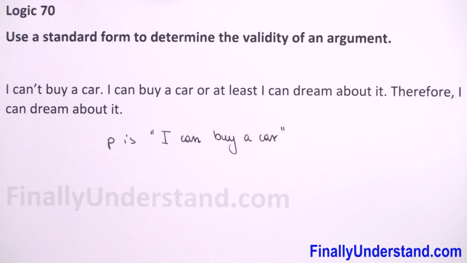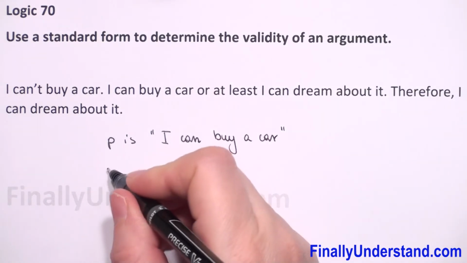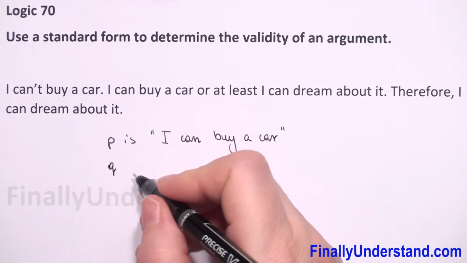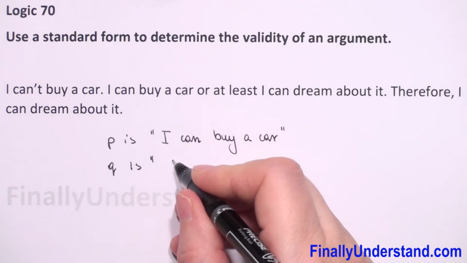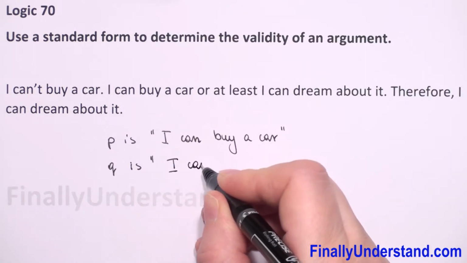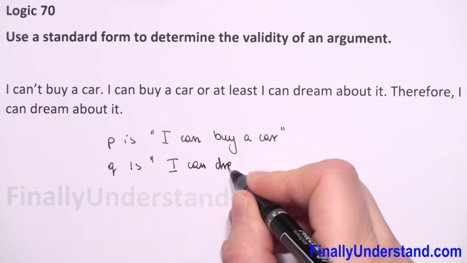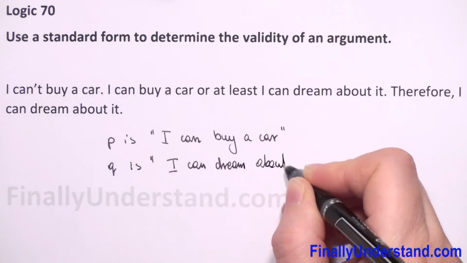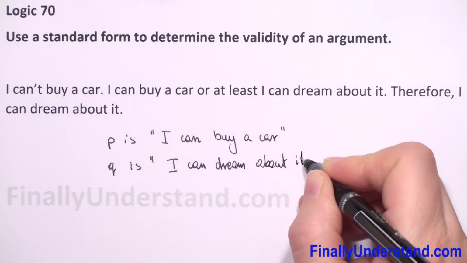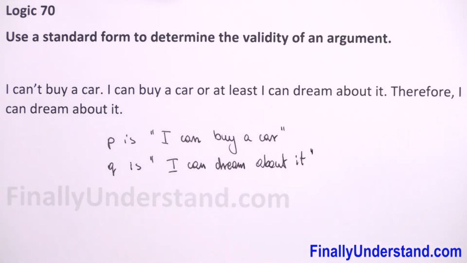So this is our second simple statement. Let's put that this is Q. Q is I can dream about it.